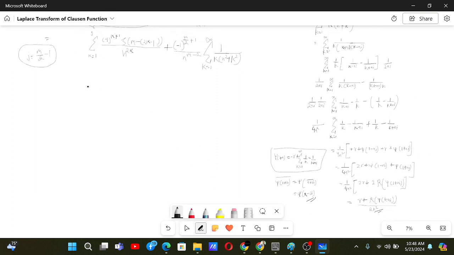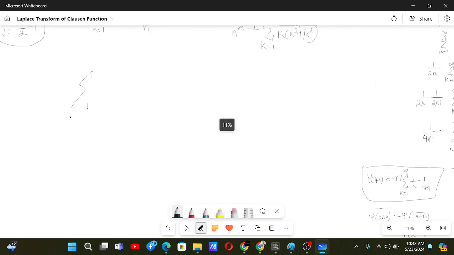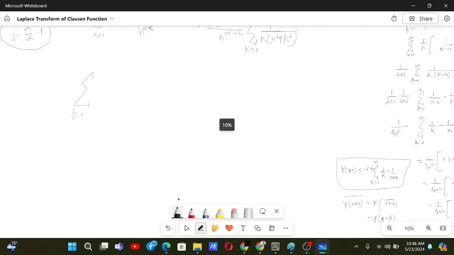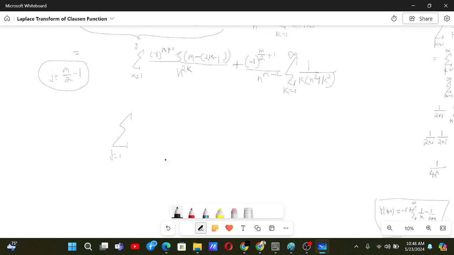Yes. The sum from j equals 1 to m by 2 minus 1, minus 1 to the power j plus 1 factorial of m minus 2j minus 1 by n to the power 2j, then plus minus 1 to the power m by 2 plus 1 by n to the power m minus 2.